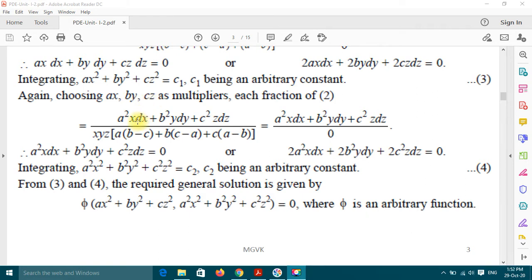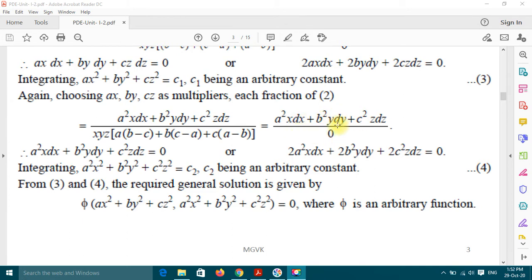Then we get a square x dx plus b square y dy plus c square z dz upon xyz times a(b minus c) plus b(c minus a) plus c(a minus b). If we multiply out, ab minus ac, bc minus ab, ac minus bc, they cancel out, so the denominator will be 0, and this expression is equal to each of the fractions.